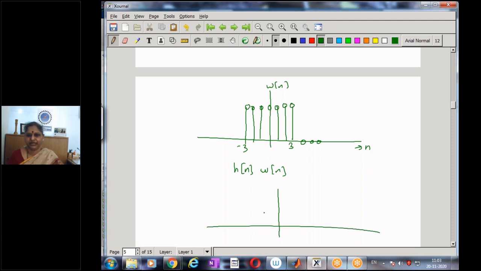So now I have it as 0.25 at n equal to 0, 0.22, then 0.159 and 0.075, from minus 3 to plus 3, and all other terms we are forcefully making 0 because of the window.